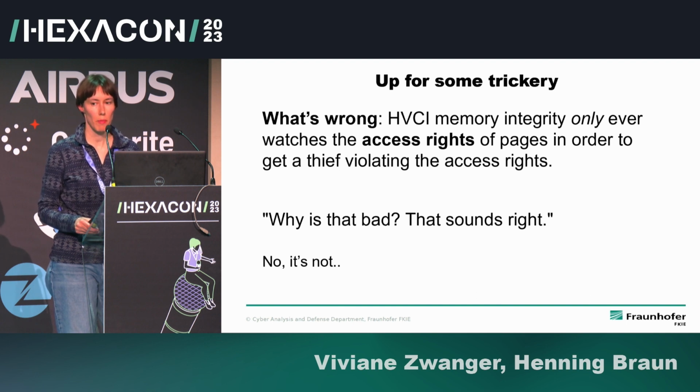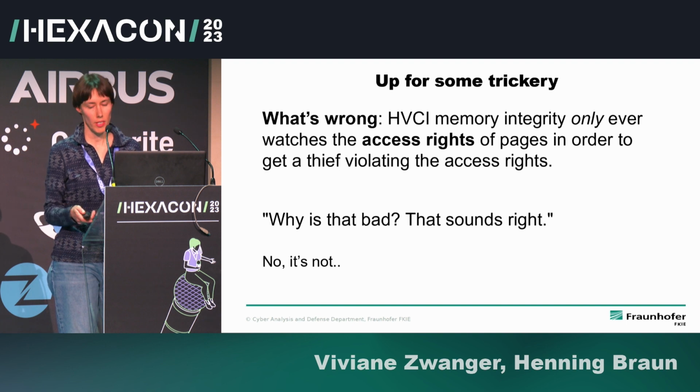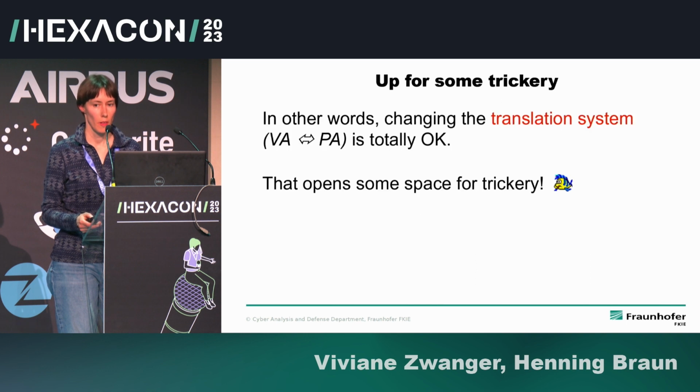The HVCI memory integrity only ever watches the access rights of pages in order to catch some thief violating the access rights. Now you might say, why is that bad? That sounds totally right. If you want to catch somebody going against the access rights, then probably you should be watching the access rights, right? No, it's not, because it's not sufficient, unfortunately.